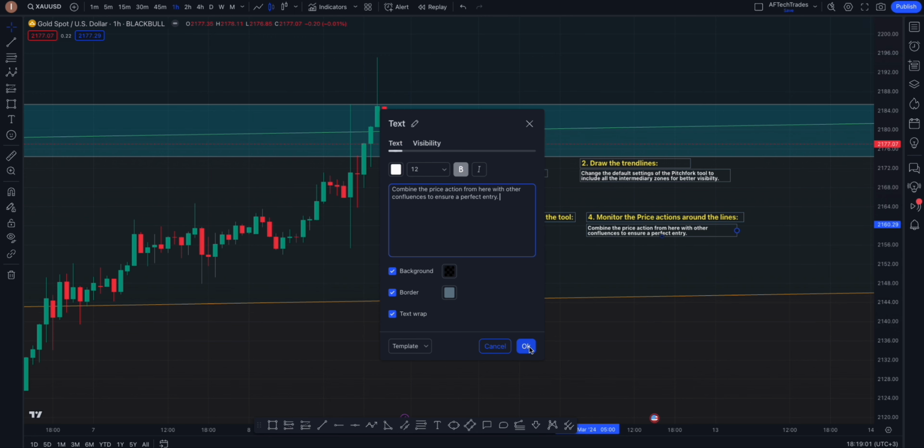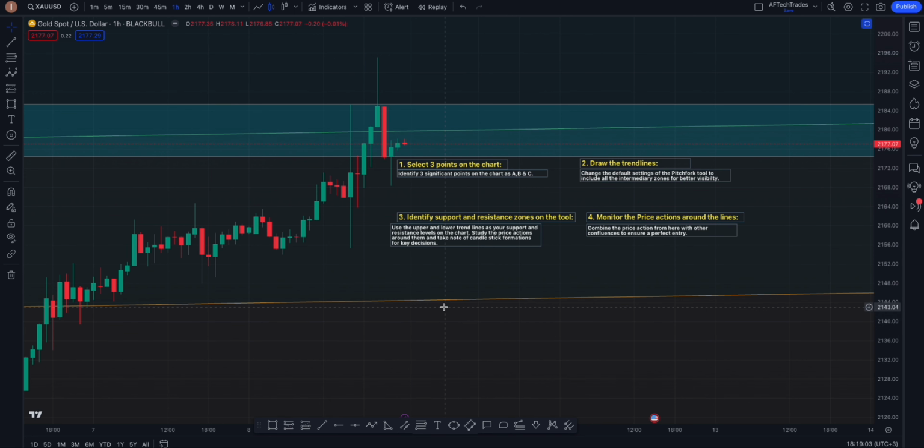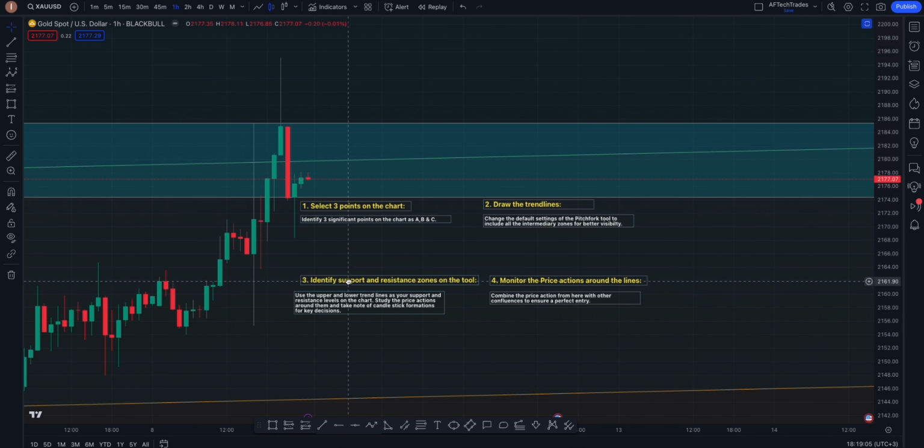If you use this combined, you are guaranteed that you will have very successful trading.